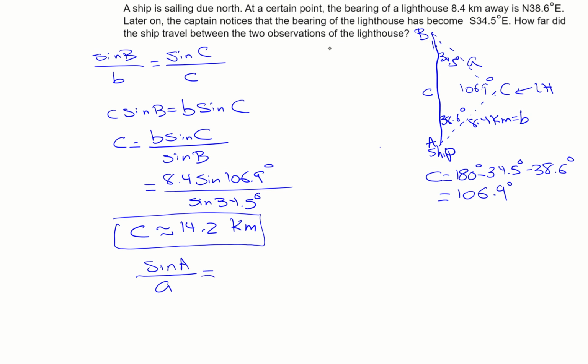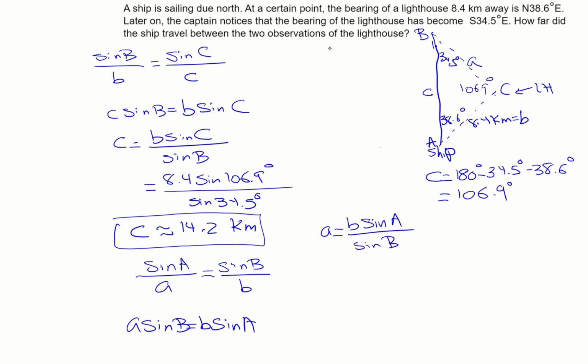And we know that that's equal to sine B over b. So this time we're solving for a. So let's go ahead and solve for a algebraically first. So we get a sine B equals b sine A. So a equals b sine A over sine B.